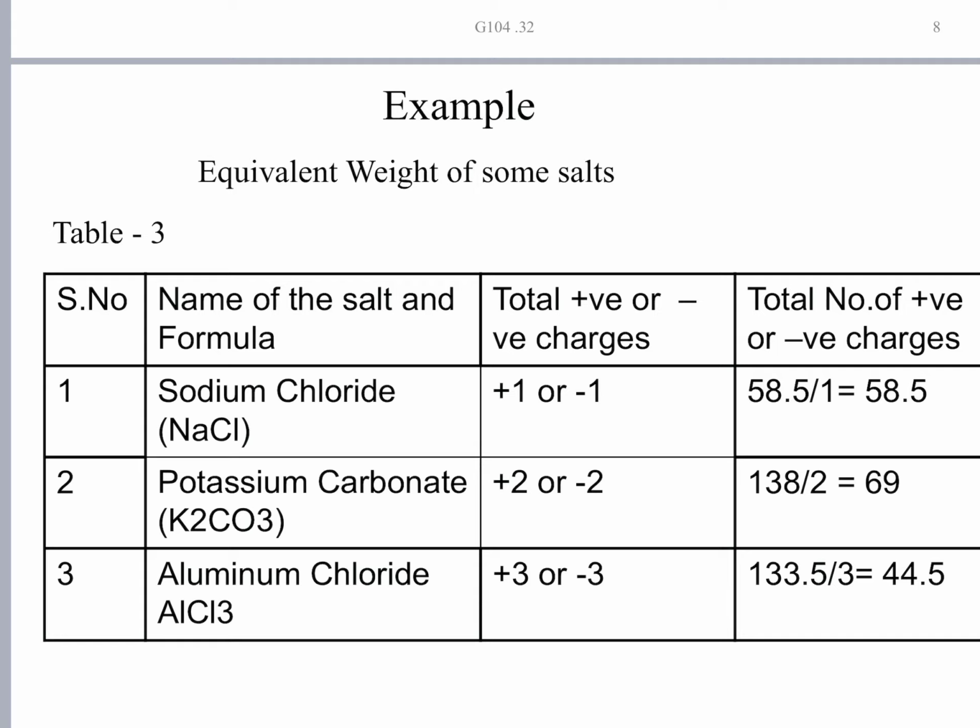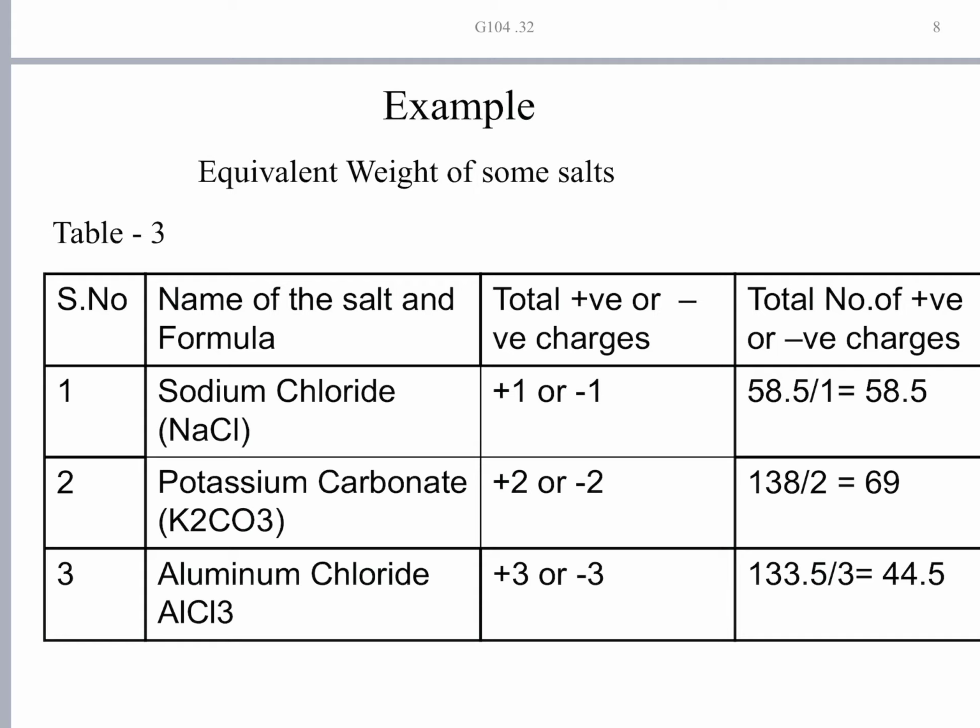In the same way, you can also calculate the equivalent weight of sodium carbonate, which is most commonly given in the problems. So Na2CO3 dissociates into 2Na plus and CO3 2 minus. In the same way, whether it is positive or negative, the charge is 2.